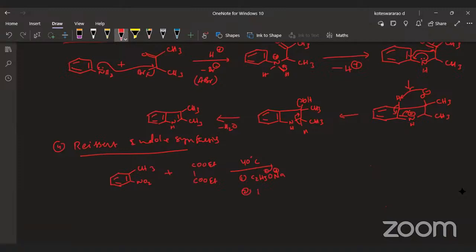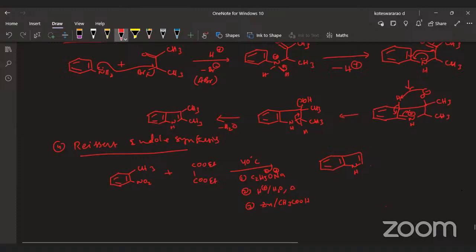In the second step, just boiling with dilute acid, aqueous acid. And in the third step, we treat it with zinc and acetic acid. Then it leads to the formation of indole. These are the 4 kinds of synthesis.